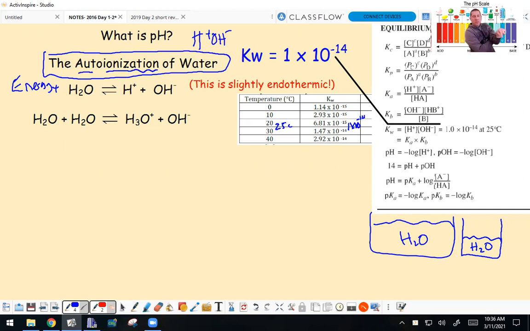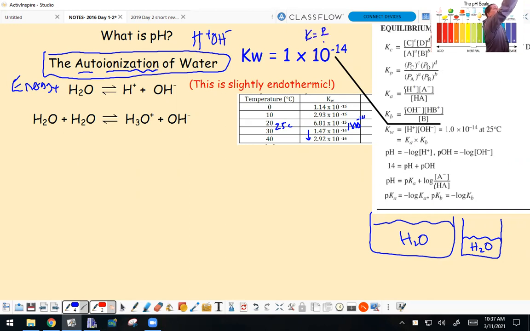So if the temperature goes down, remember it's going to shift to the left. The exothermic reaction would be favored when the temperature goes down. That means you're going to have less hydrogen ions and less hydroxide ions as the temperature goes down. But notice as the temperature goes up, the Kw gets bigger.